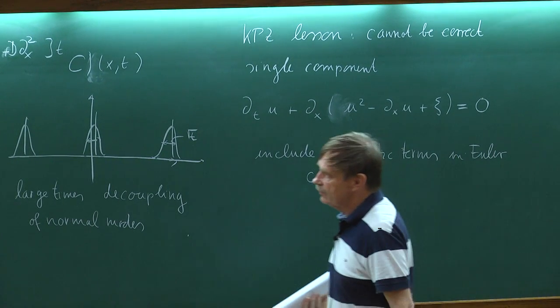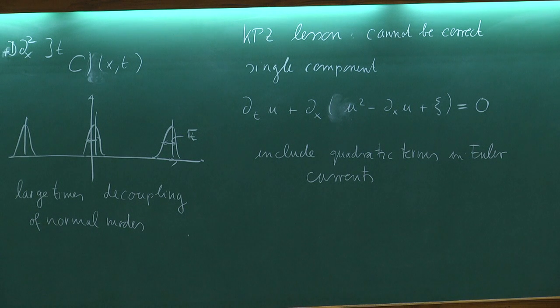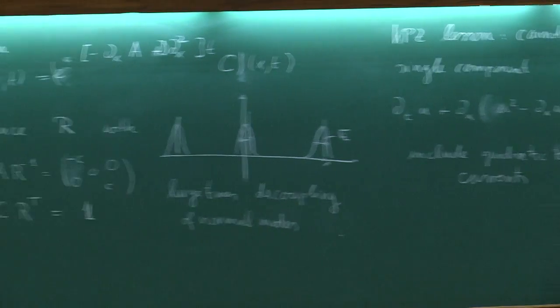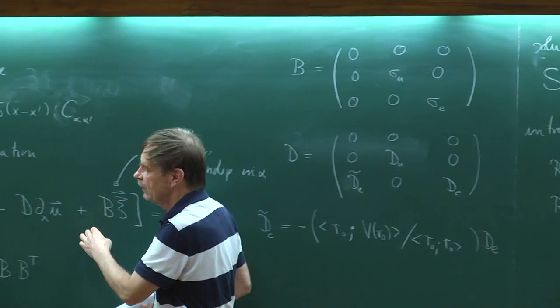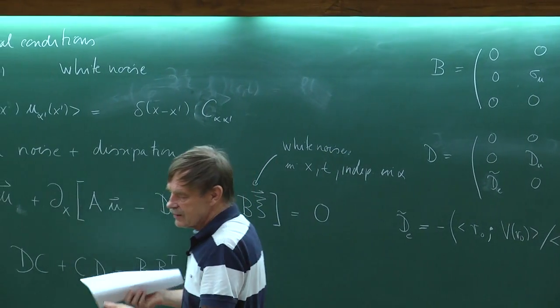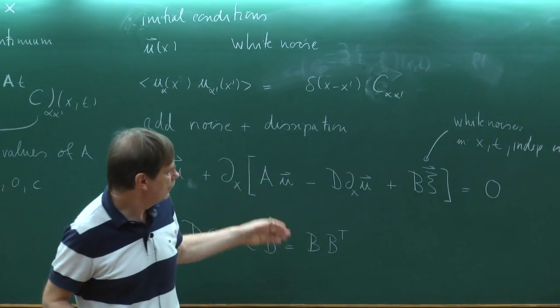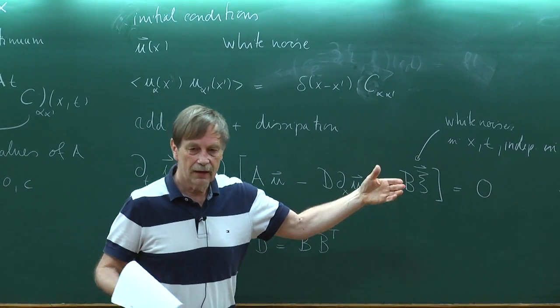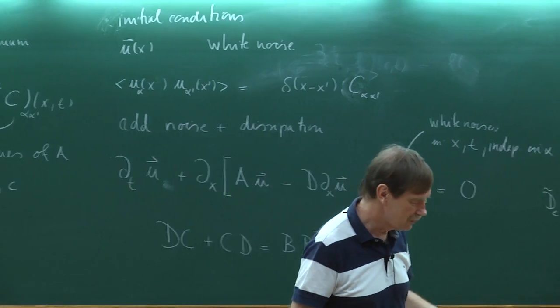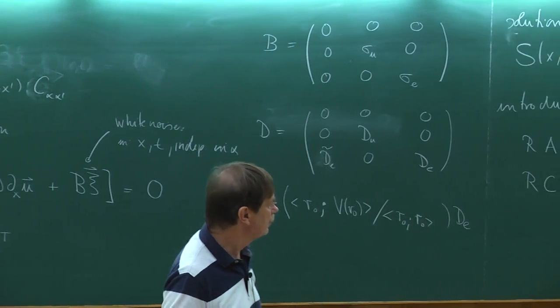For instance, the true D will presumably depend on the background values. And so in principle, I should also account for some nonlinearity in the U. Presumably the noise strength will depend on the background values. So if I start asking, I have to include nonlinear terms, there are many possibilities to do this. Well, there are also many ways of arguing which one should be important and not important.